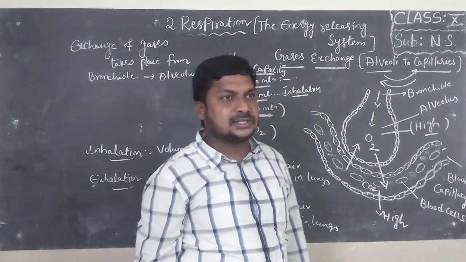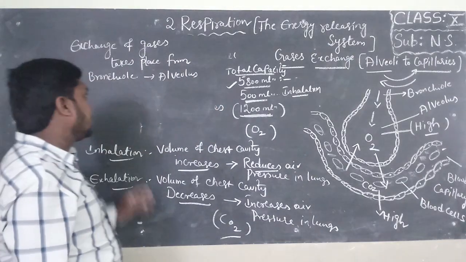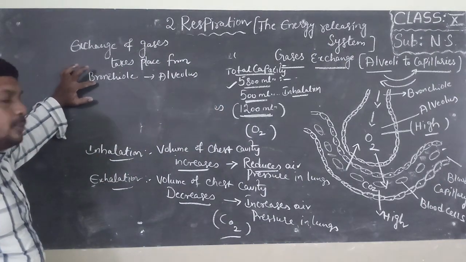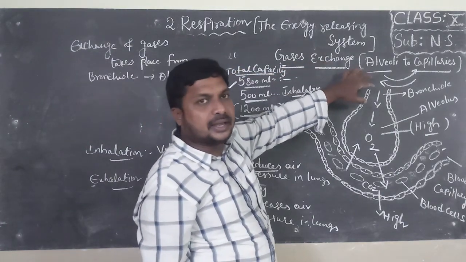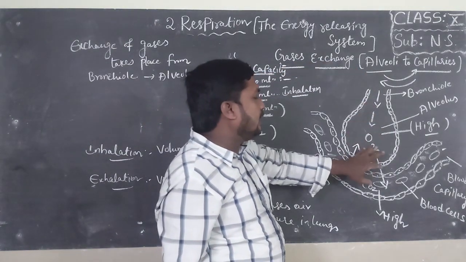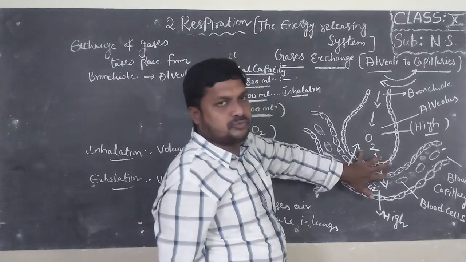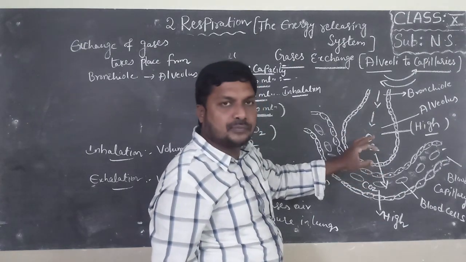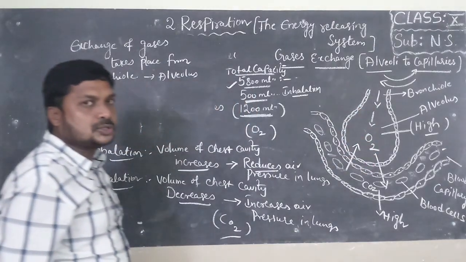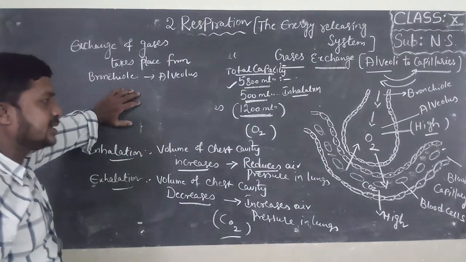Like this, exchange of gases also takes place from bronchiole to alveolus: oxygen diffuses from bronchiole to alveolus and CO2 diffuses from alveolus to bronchiole.